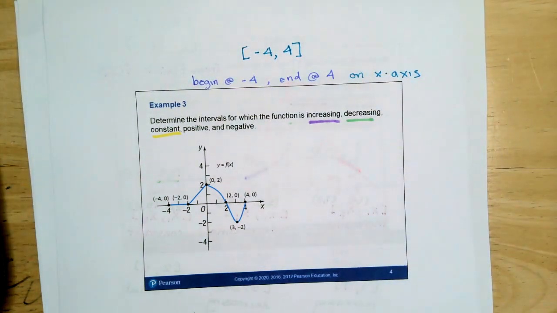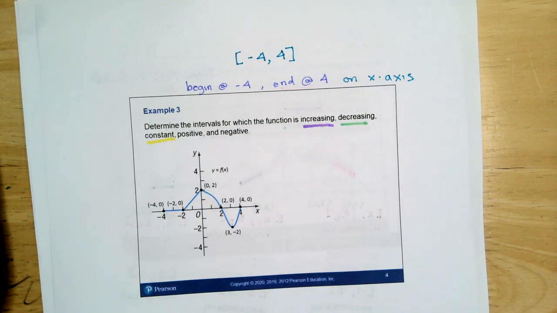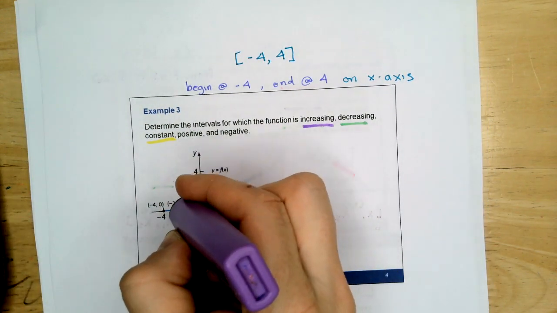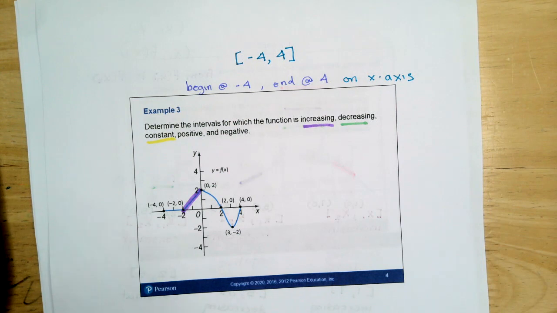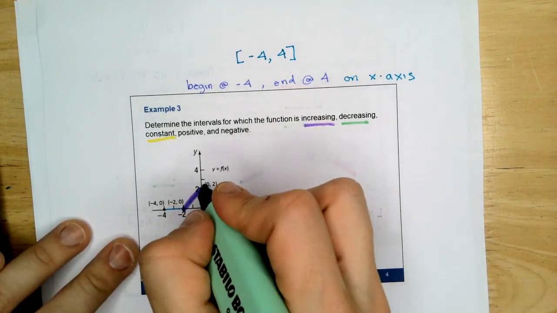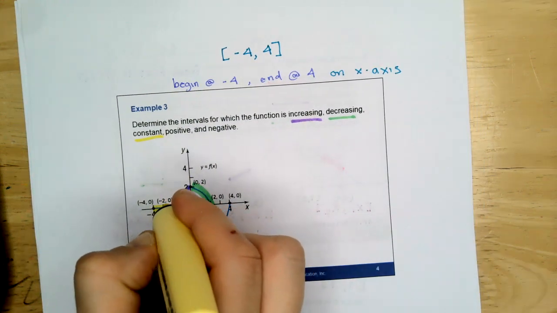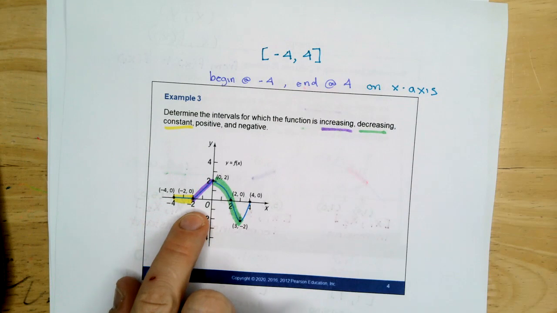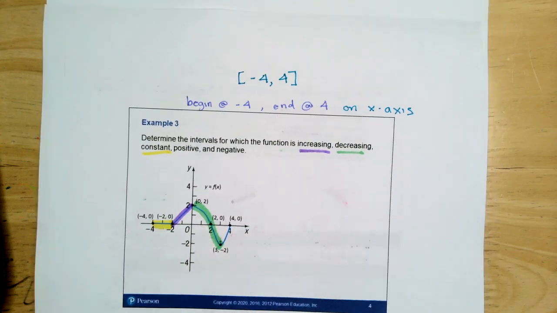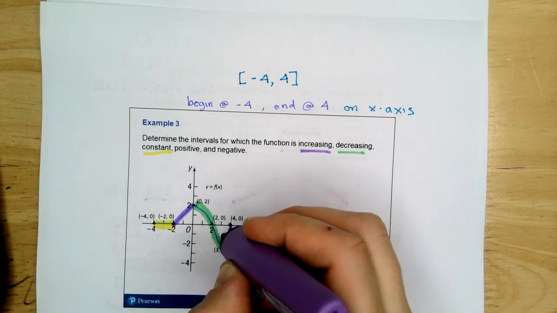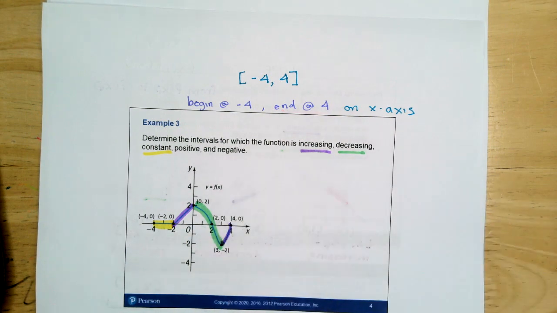Okay, so now you're just going to label increasing, we said was purple, decreasing, we know what that looks like. Decreasing means it's going down. Okay, and constant means it's flat. It's hard to see, but -4 to -2 is constant. What's this one? Oh, that one's going up. So that's another increasing, okay?